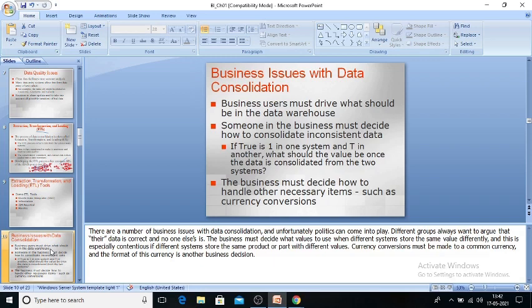The branch in Europe is following euros. The branch in India is following rupees. The branch in UK is following pounds. Different branches are using different currencies. Got it? The business must decide what values to use when different systems store the same value differently.